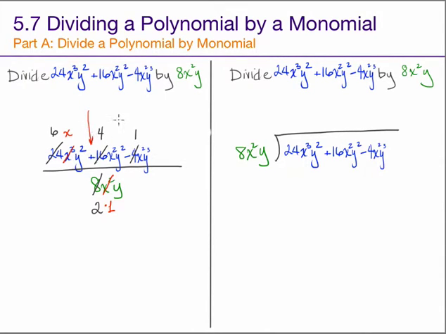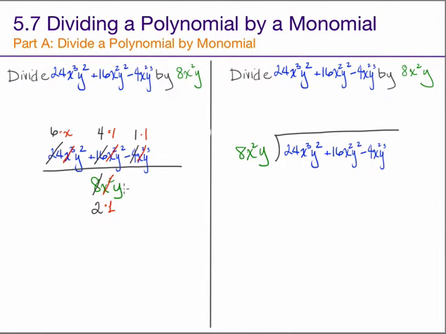This plus sign and minus sign tell me that's the case. I've already canceled in one term, but let's see if we can reduce or cancel in the other 2 terms. What do I need to multiply by x squared to get x squared? 1. In other words, x squared goes into x squared, it goes into x cubed, it goes into x squared. Finally, what do I need to multiply by x squared to get x squared? 1.